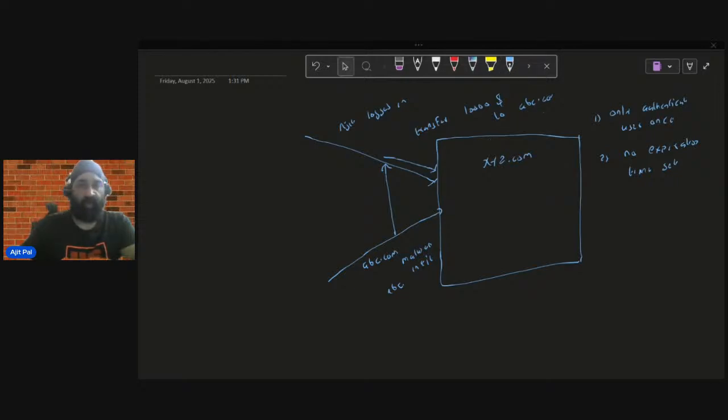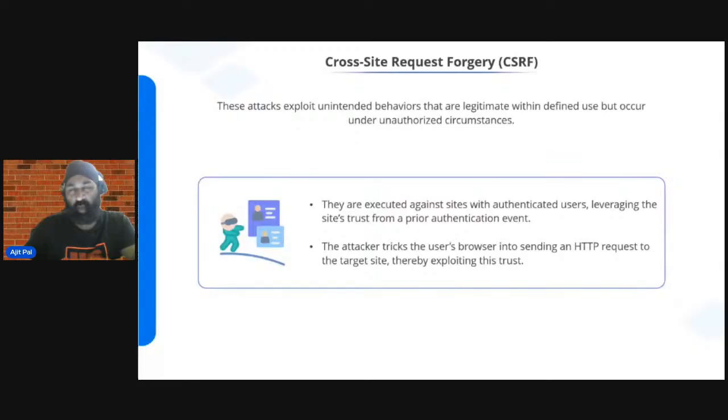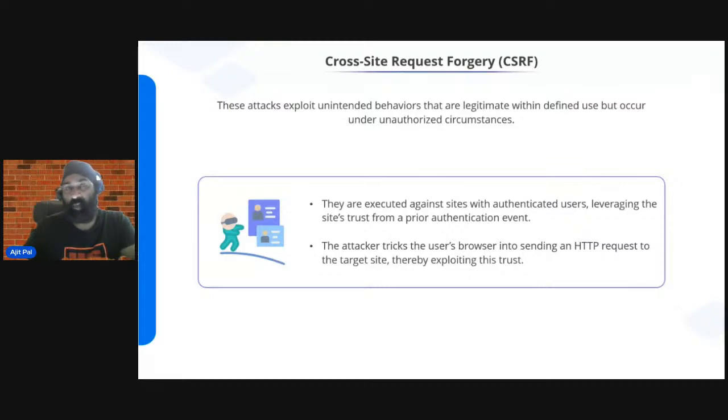So you see, these attacks exploit unintended behavior that is legitimate within defined use. A request to transfer money is very much legitimate, but in reality, it was requested by ABC under the disguise of Ajit, and this is wrong.